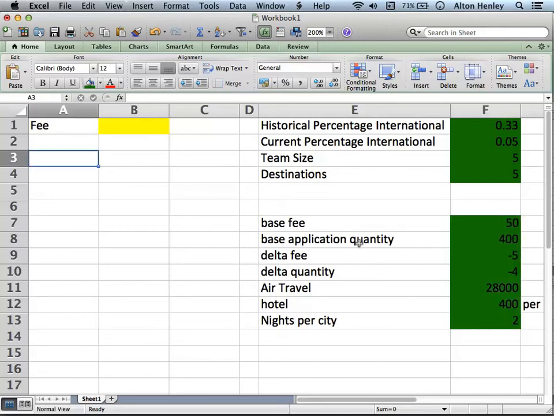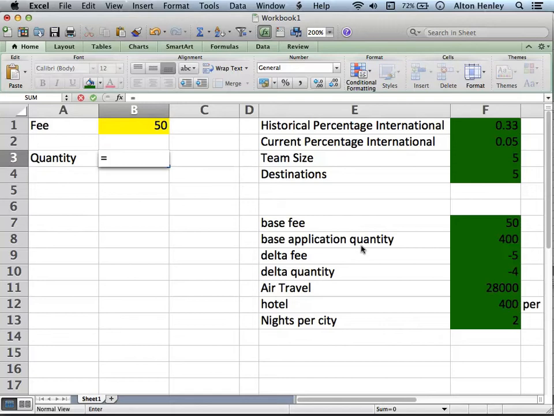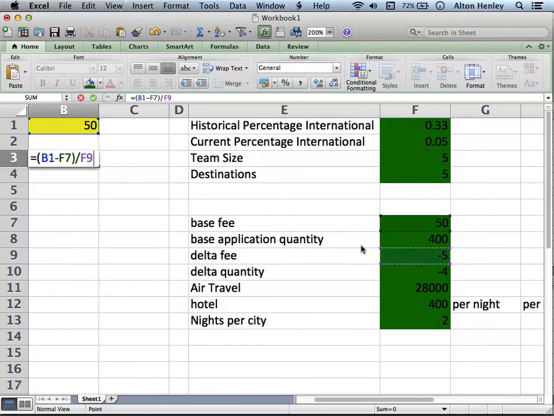And the first thing is my quantity. I'll do it as one big equation here. So assuming that my fee stays the same, let's say that my fee is $50. My quantity is going to be equal to my new fee minus my base fee, divided by my delta fee, times my delta quantity, plus my base quantity.